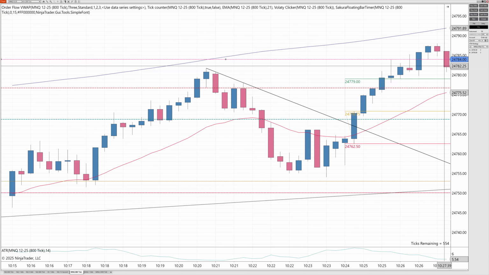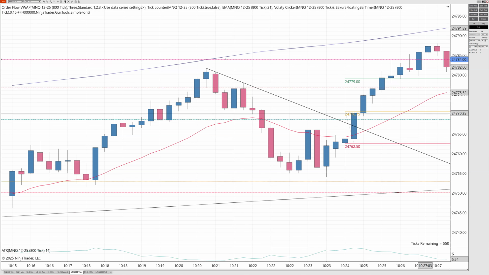So 13 trades. And out of those 13 trades, we had two losers. So our winners, 11 winners out of 13 trades. So our win rate was actually 84.6%. That's very, very good.